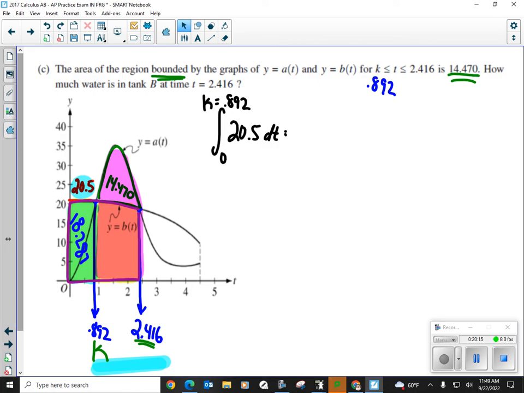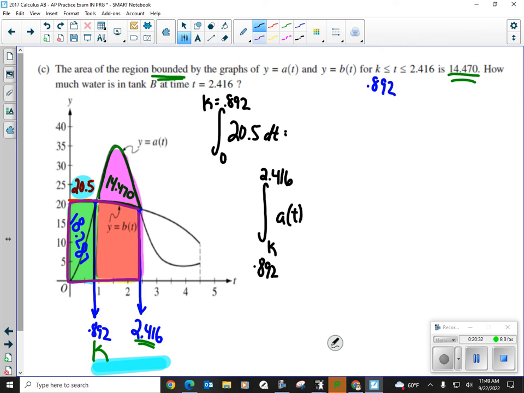All right, so here we go. We're going to integrate from K to 2.416, and 0.892 is K. Let's not forget our A of t dt. When I get that, I'm going to subtract my 14.470.